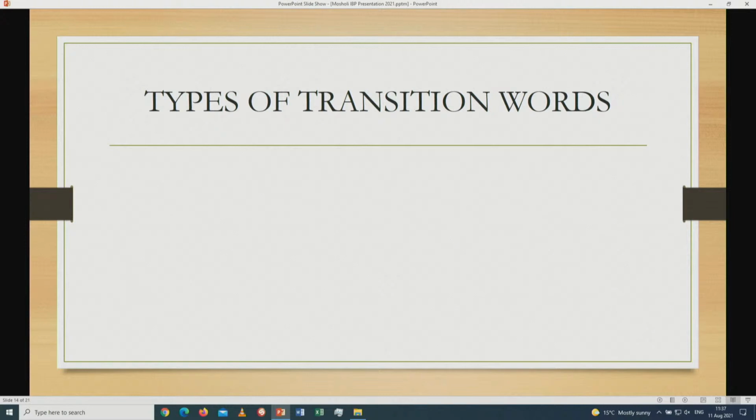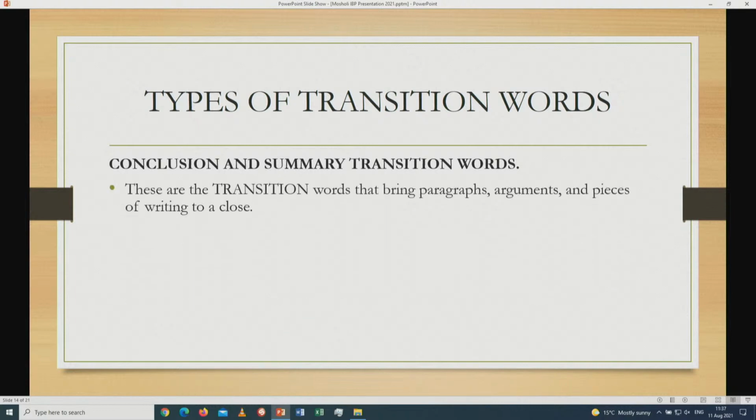Types of transition words: conclusion and summary transition words. These are the transition words that bring paragraphs, arguments, and pieces of writing to a close.